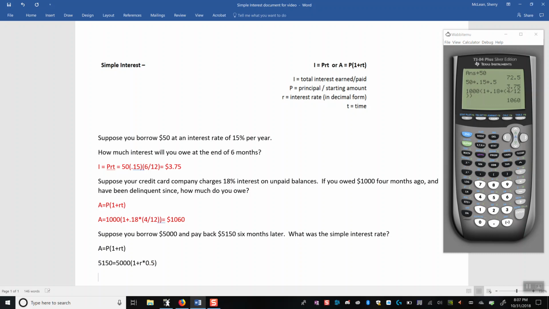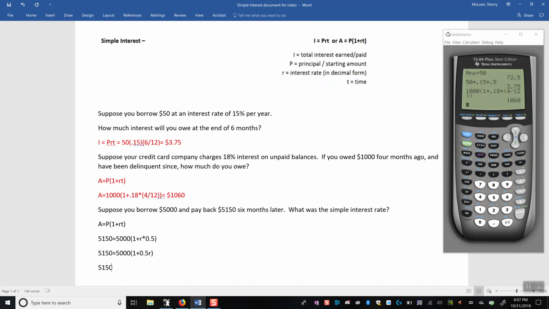All right. Now we need to go ahead and solve this equation. A couple of ways to approach it, but I'm going to write this as 5,000 times 1 plus 0.5r. I'm used to seeing that number in front of my variable. I can distribute the terms on the right-hand side. 5,000 times 1 gives me 5,000, plus 5,000 times 0.5r is going to give me 2,500r.